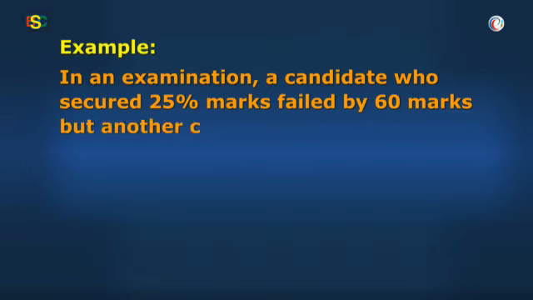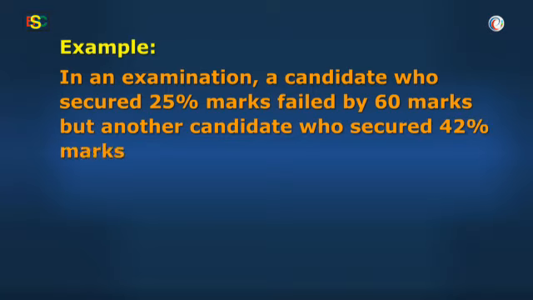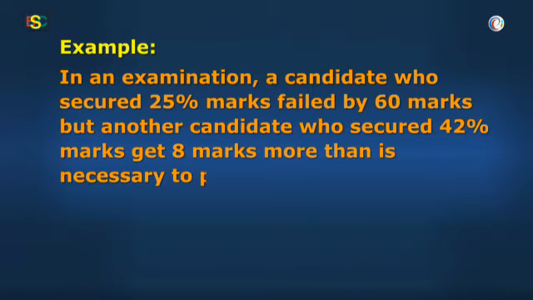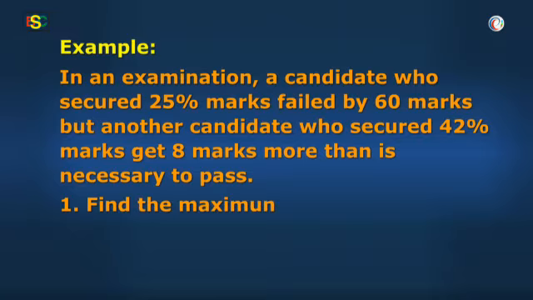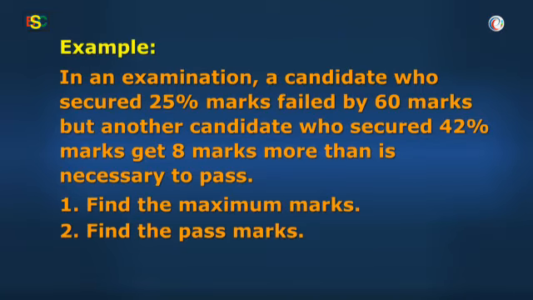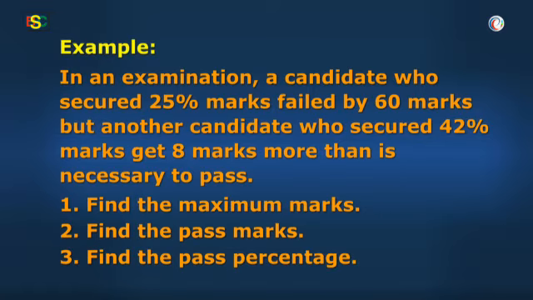But another candidate who secured 42% marks gets 8 marks more than is necessary to pass. And you have to find number 1, the maximum marks, number 2, pass marks, number 3, pass percentage.